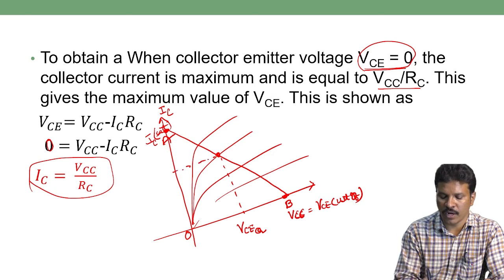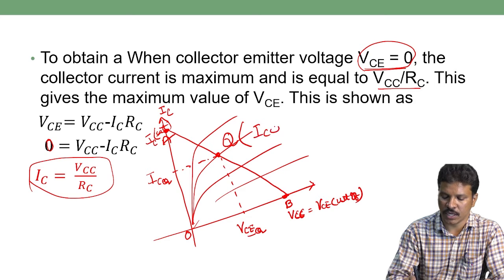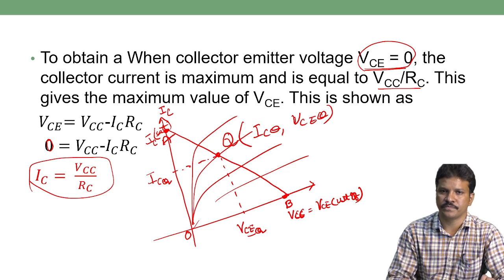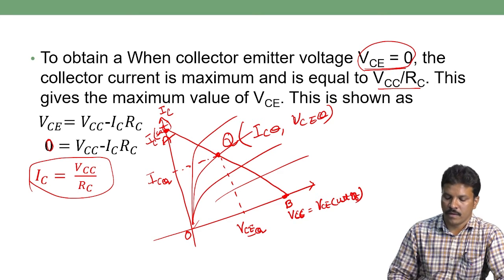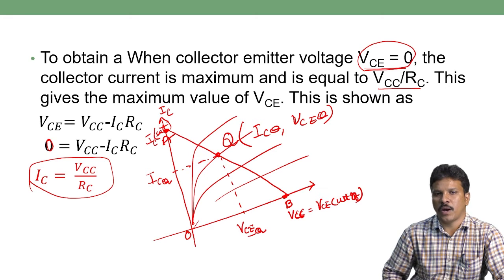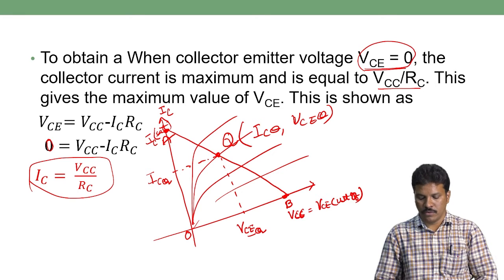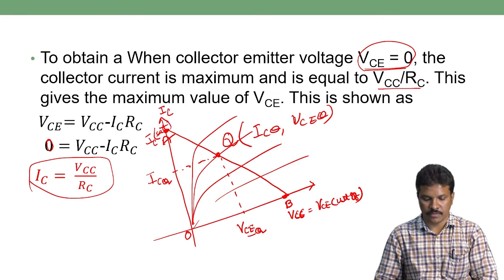The Q point has its x-axis coordinate VCEQ and its y-axis coordinate ICQ. So we can term it as Q equal to ICQ, VCEQ. Here we can find the Q point for the particular amplifier circuit to get faithful amplification.